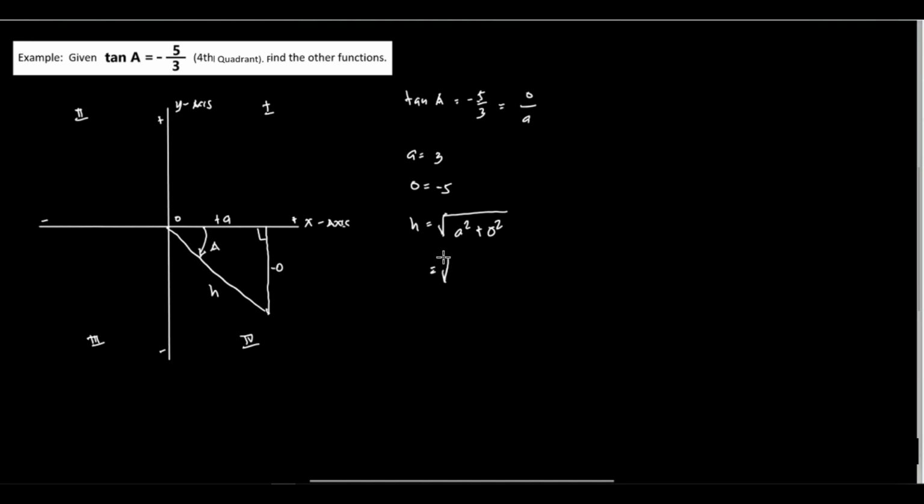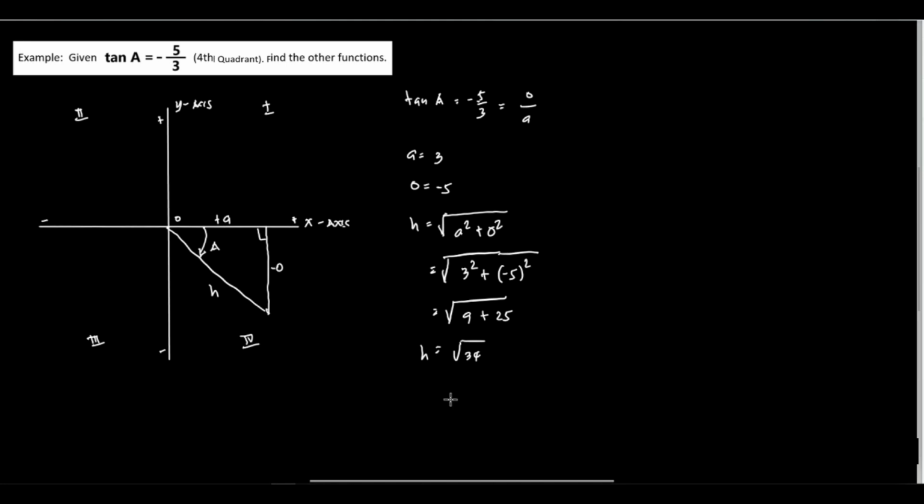That's the square root of 3 squared plus -5 squared. This is equivalent to 3 times 3 is 9, plus negative times negative, that's positive, and 5 times 5, that's 25. And this is the square root of 34. Therefore H is square root of 34.